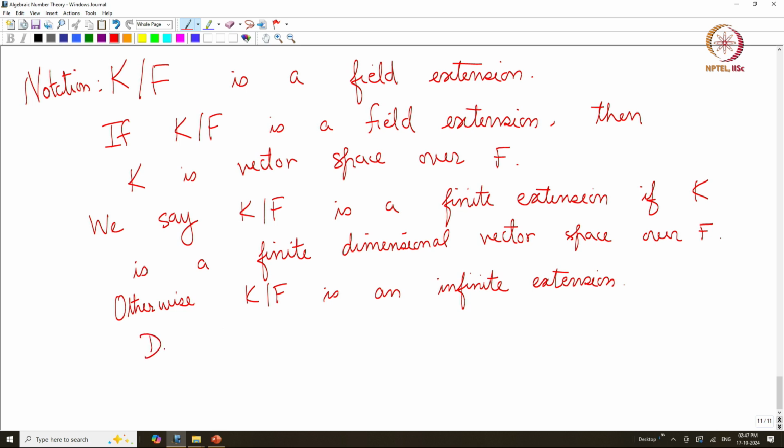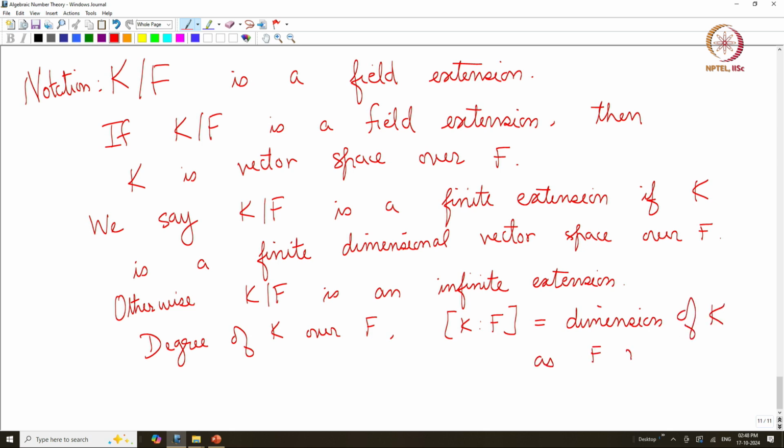And the degree of K over F, which is denoted as [K:F], is equal to the dimension of K as an F vector space.